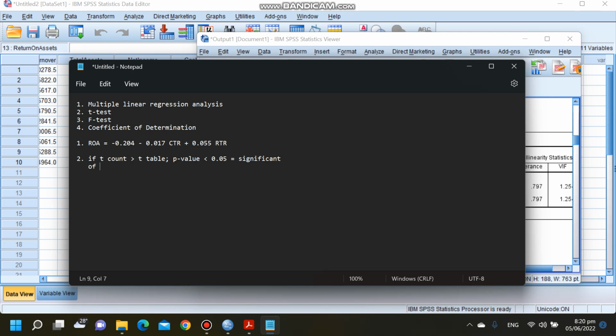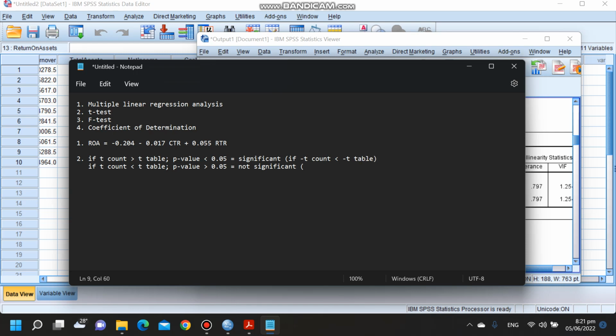So if the t count is less than t table, then the p value is more than 0.05, then it's not significant. So for the negative one, this is if the minus t count is less than minus t table.